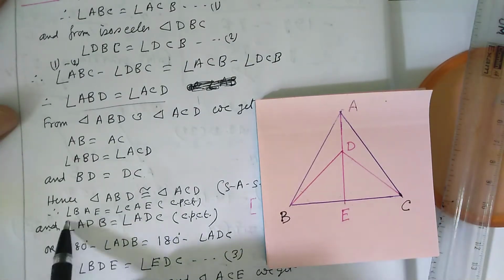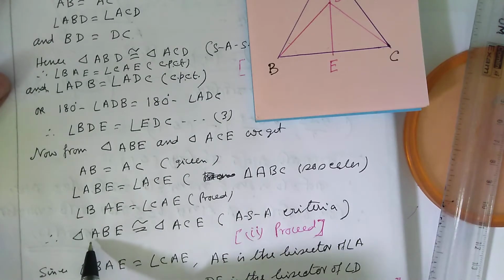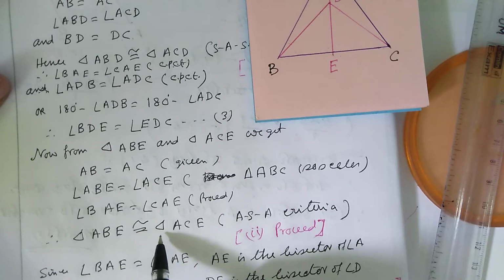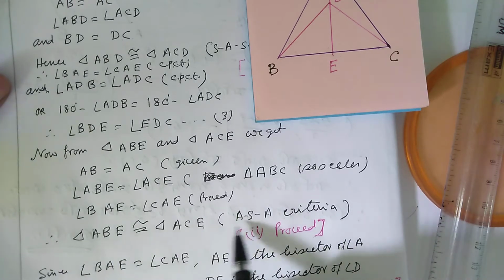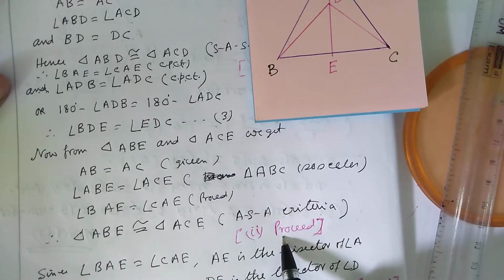Here we already proved this. Hence triangle ABE congruence with triangle ACE due to ASA criteria. Hence second proof.